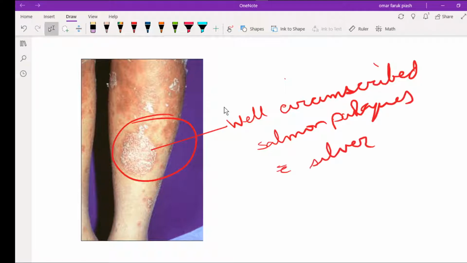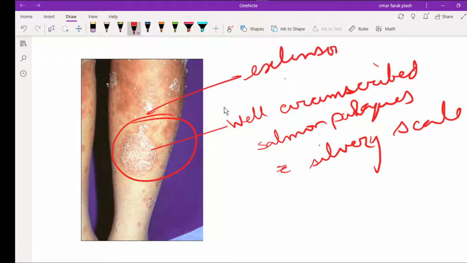It is usually present on the extensor surface. Can you tell me where atopic dermatitis happens? Atopic dermatitis happens on the flexor surface, but psoriasis happens on the extensor surface.